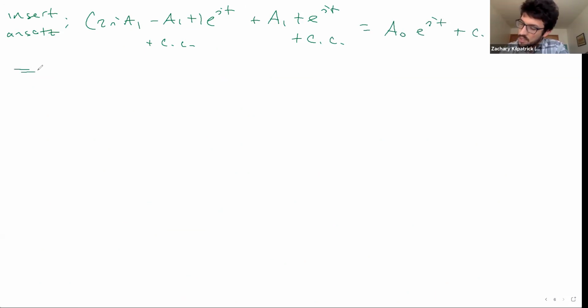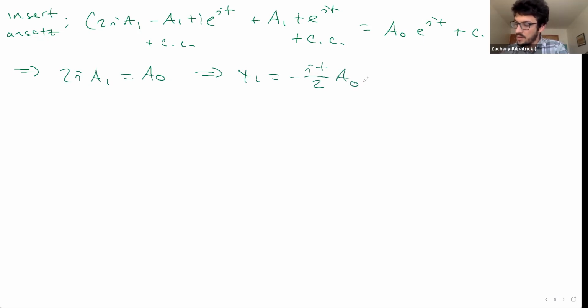So this implies that 2i A1 is equal to A0. In other words, y1 is equal to -it/2 A0 e^(it) plus some complex conjugate, okay?